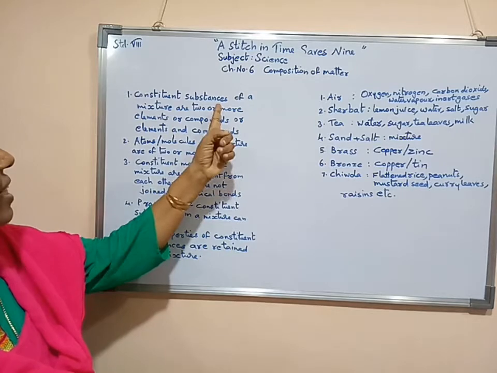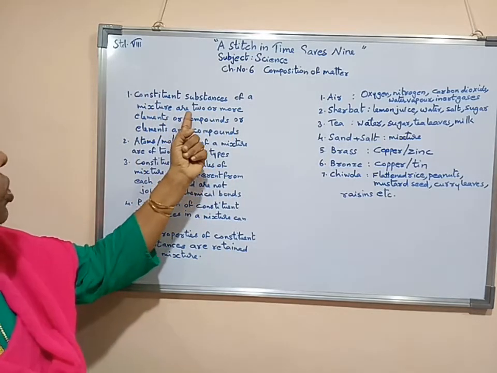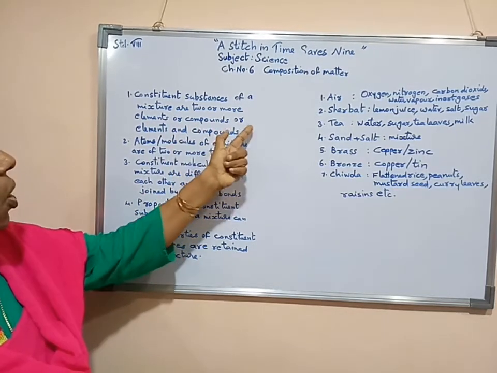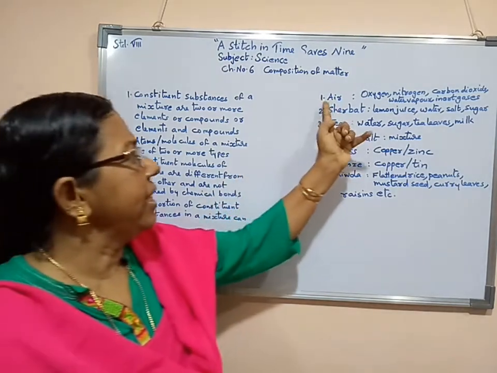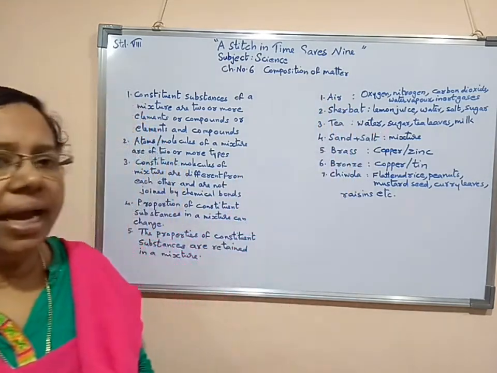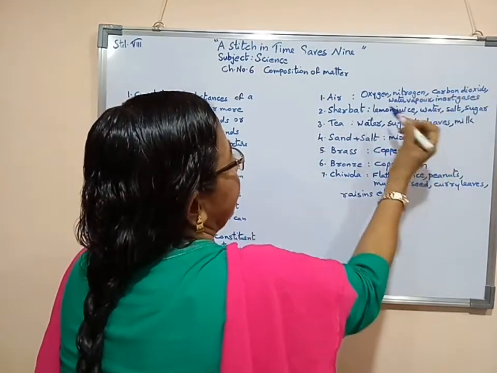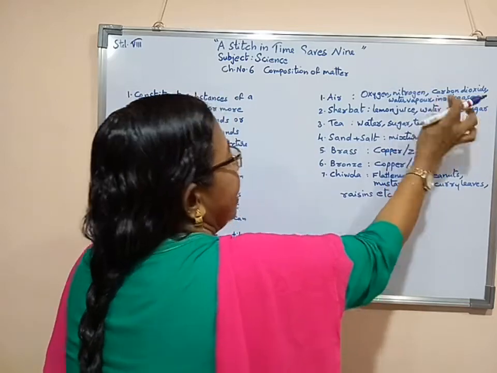The first characteristic: constituent substances of a mixture are two or more elements, or two or more compounds, or elements and compounds. Now when we study air, it is formed by joining different elements. Here oxygen, nitrogen, even inert gases are elements.